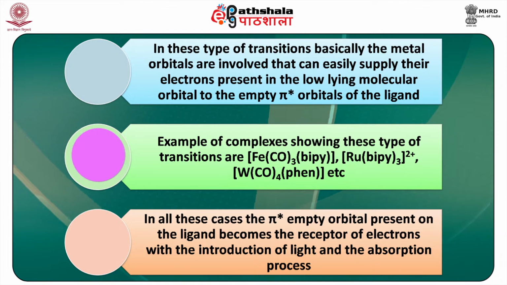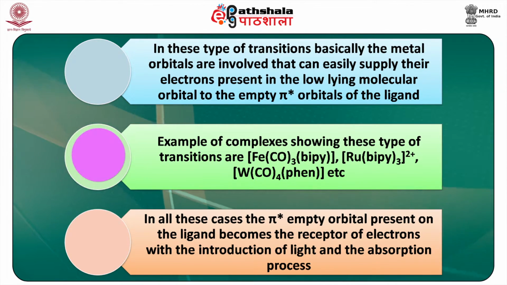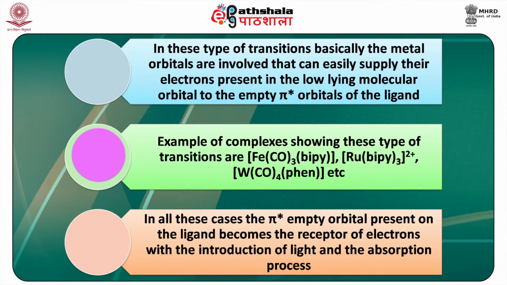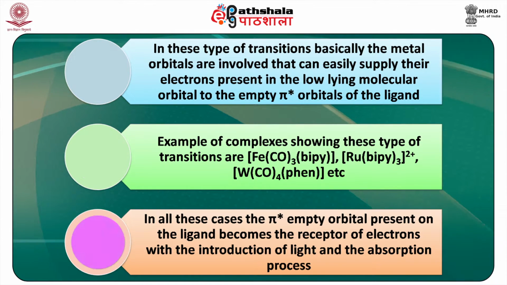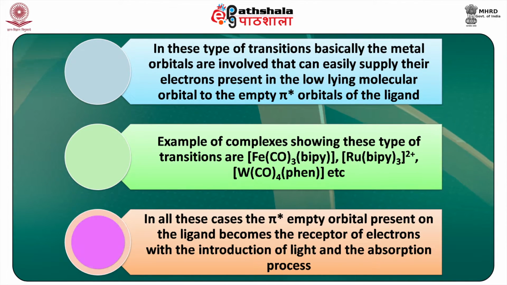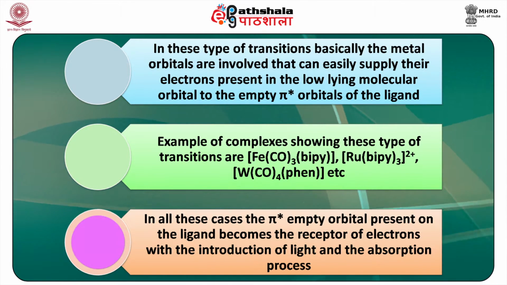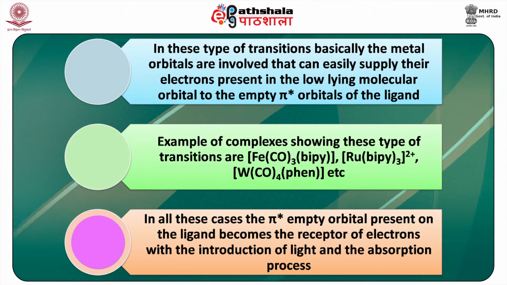Examples of complexes showing these types of transitions are those with carbonyl and bipyridyl ligands of iron, ruthenium and tungsten complexes, etc. In all these cases, the empty pi star orbital present on the ligand becomes the receptor of electrons with the introduction of light, and the absorption process takes place.